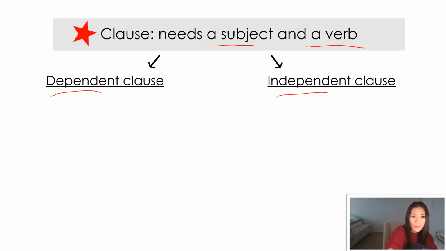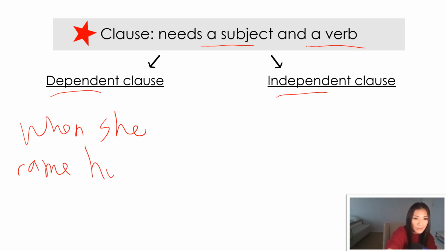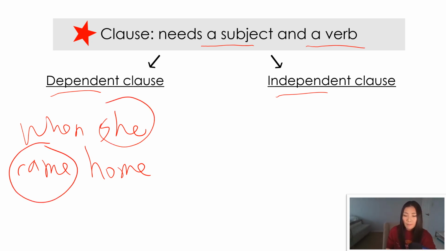For example, "when she came home." Here's my subject, here's my verb. So it's a clause, but it's not a complete sentence. If I tell you, hey, when she came home, and then I stop talking, the listener will be confused.